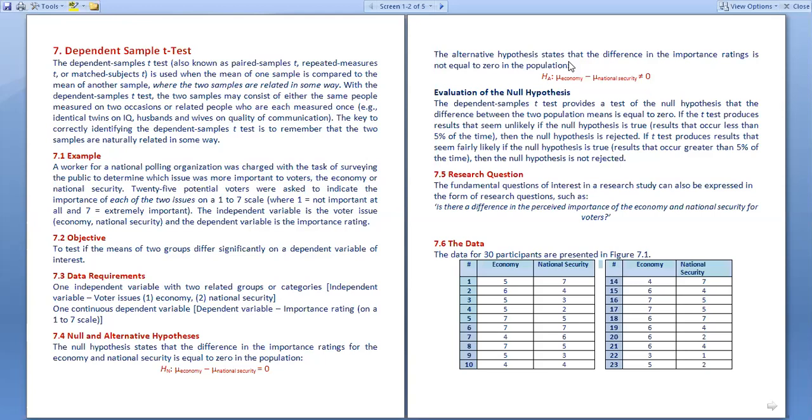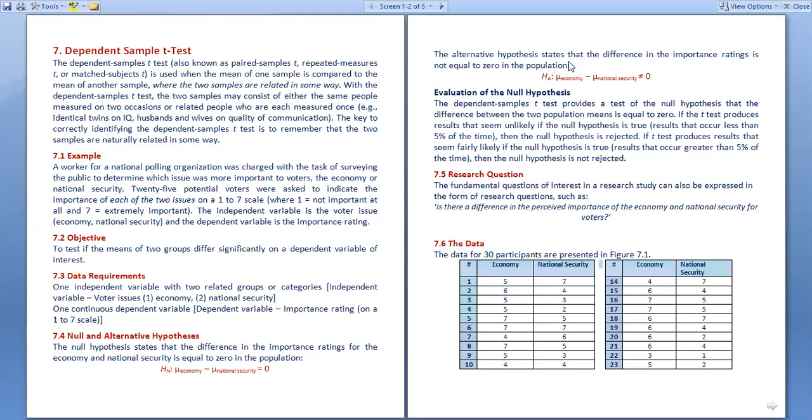If you look at the dependent sample t-test or paired sample t-test, we come to the conclusion that the objective is to test the means of two groups and see whether they are significantly different on a dependent variable of interest.